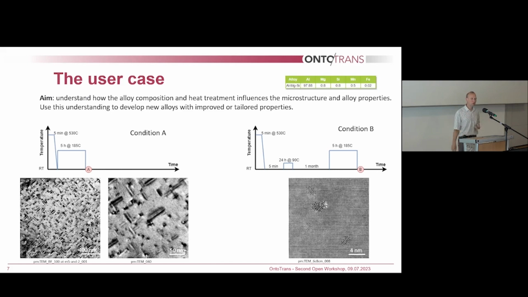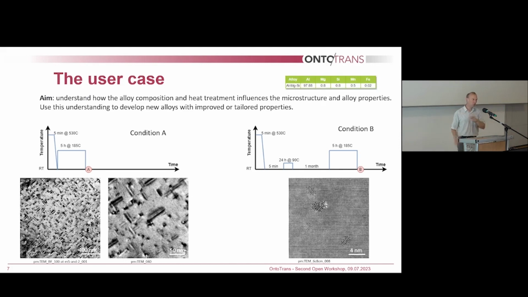So in this case, it's very simple. We are having the same alloy, heat treating it two different ways. We have the condition A. You start with solution heat treatment, quench it to room temperature, and immediately heat it up to 185 degrees for 5 hours. When you're heating up, you give some energy to the system, create a lot of mobility and a homogeneous solution, and small precipitates form.